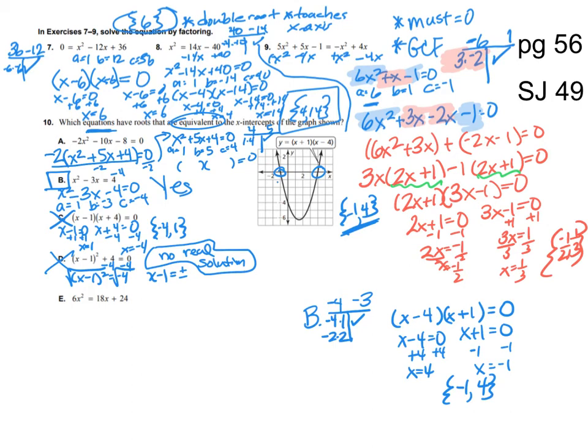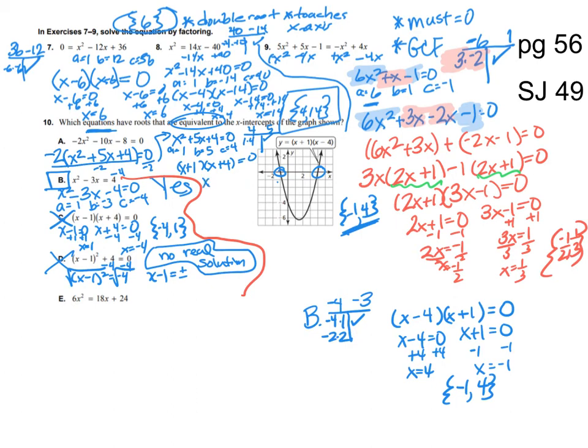I can put my x in the first spot of each of those, +1 in the first one or the second one, it doesn't matter. The order of these two does not matter. +4 in the second one.